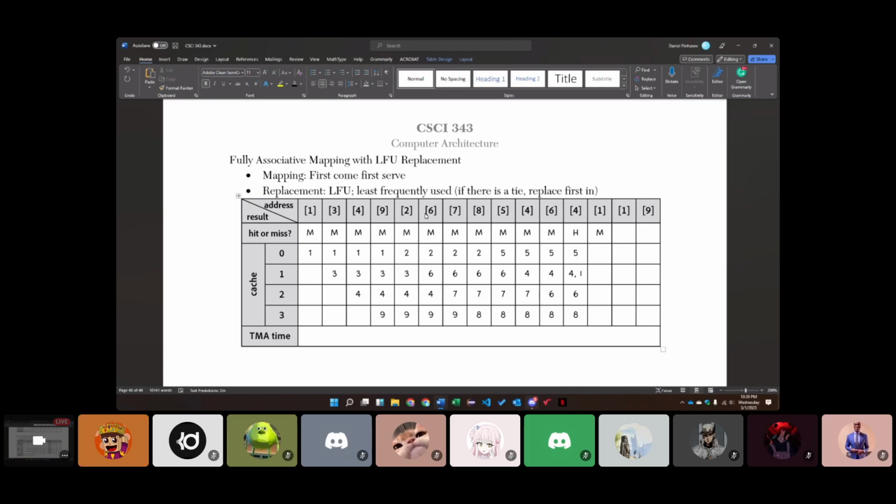No, never mind. We don't consider this because 6 was never a hit. It just got replaced, so it doesn't count as being used twice. 6 was only used once. Now the one that gets replaced, let's see, is our next first in, which is 8.